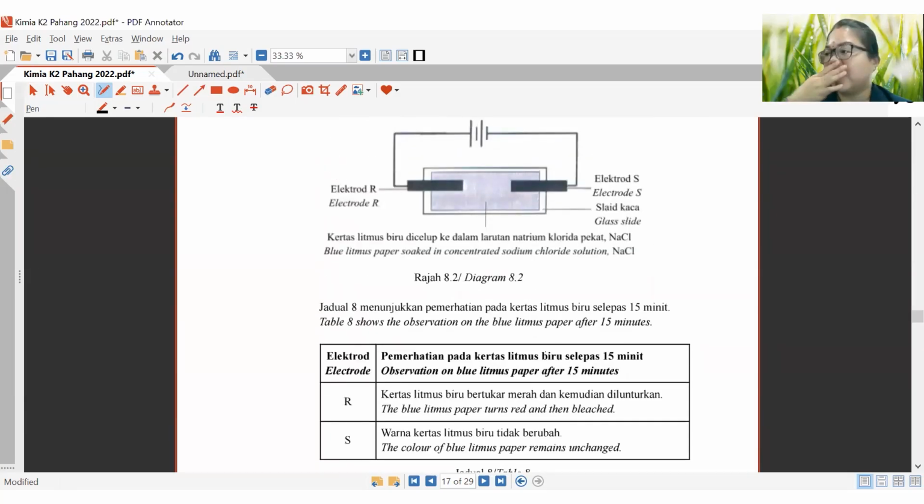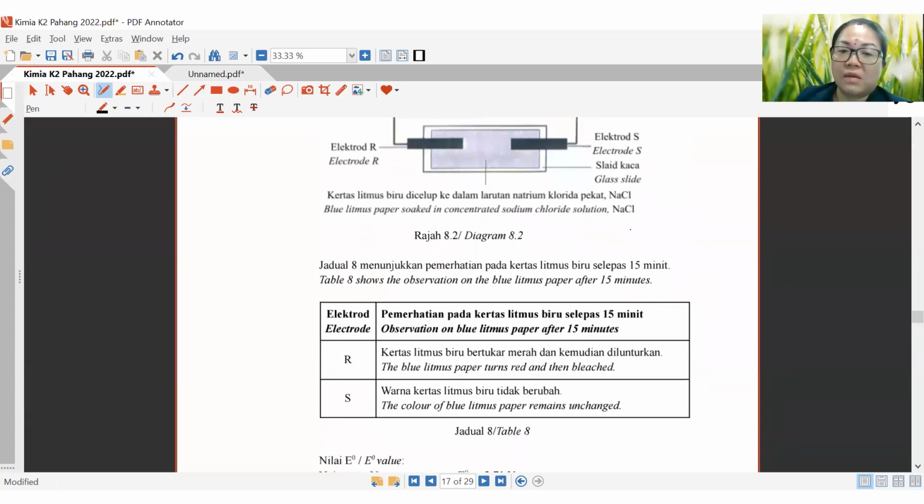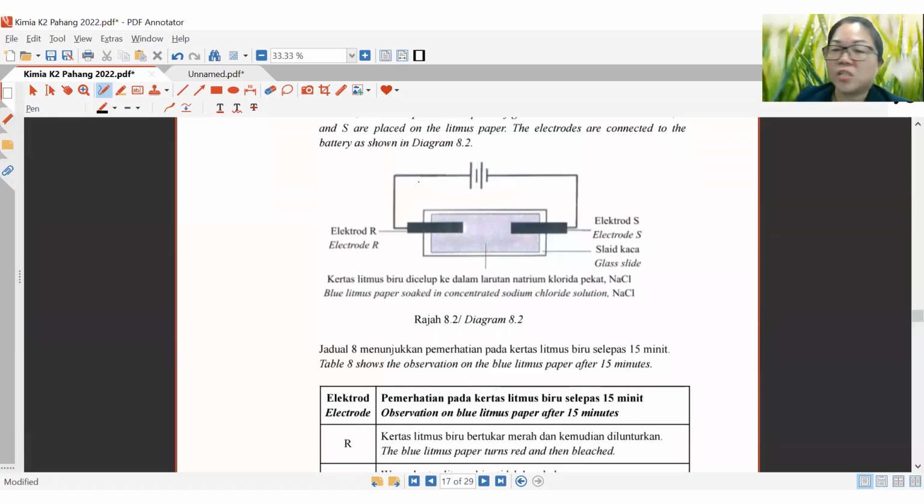You're doing electrolysis, just that instead of using a beaker, we are just putting it in a dipped litmus paper only. So that contains NaCl. All right, so the charge still follows positive and negative.